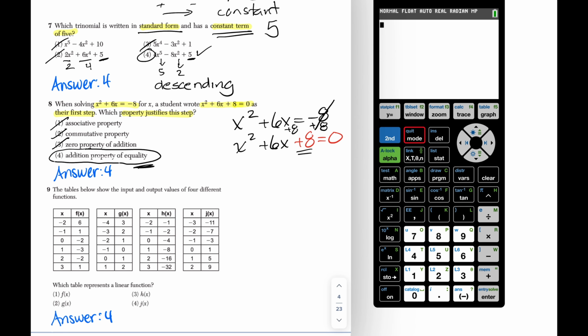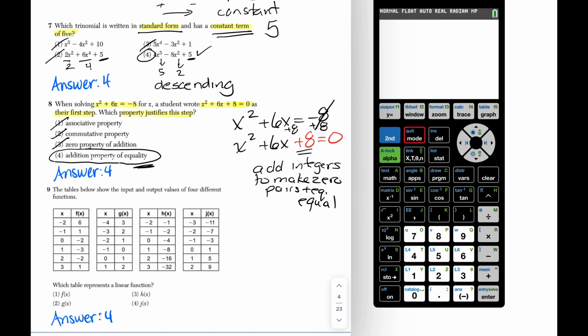But I'm adding integers to make 0 pairs, and the equation stays equal. That's why I call it the addition property of equality.